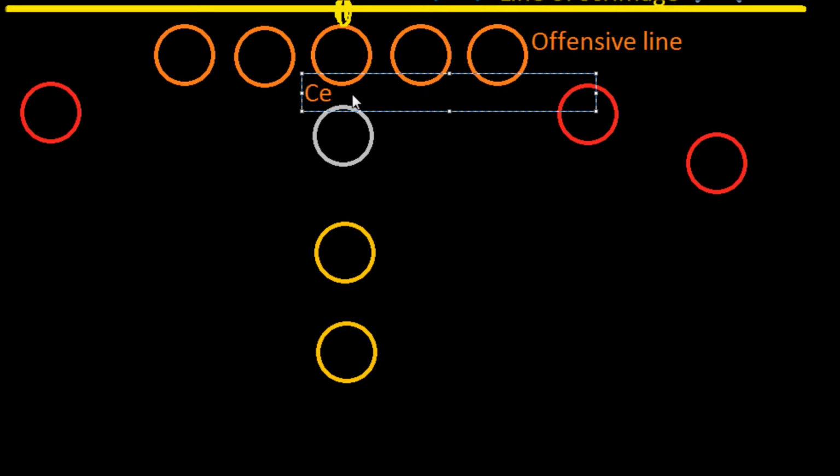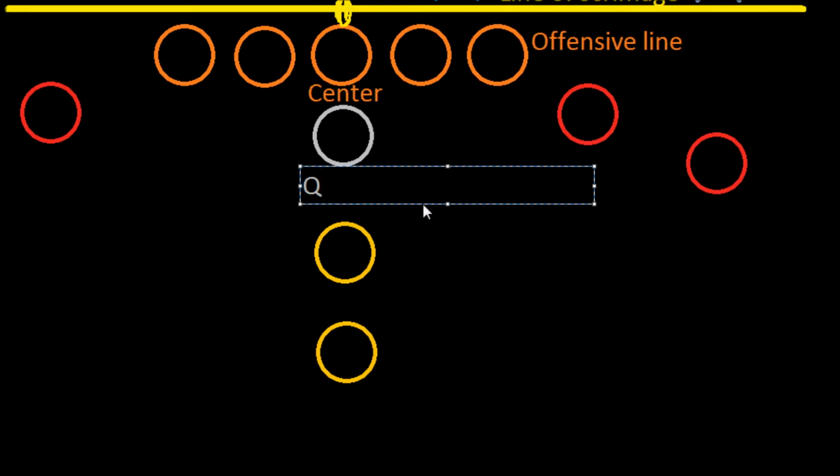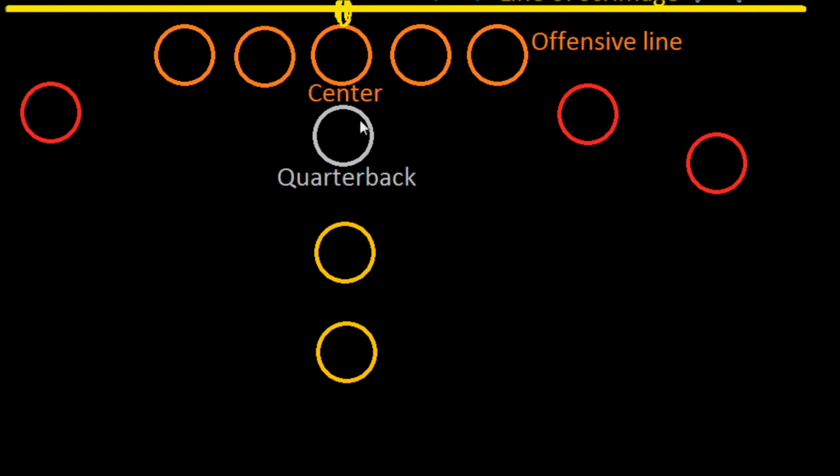The man in the middle is fittingly called the center, and the center is going to be the man who snaps the ball back to the quarterback. So we'll get back to him in a second. The quarterback is the guy there, the gray guy standing behind the center.